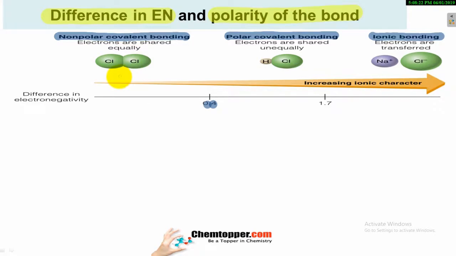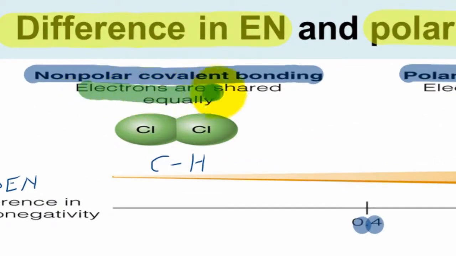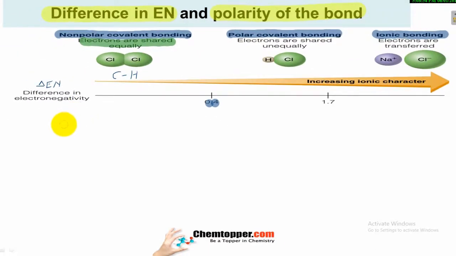Or in the carbon-hydrogen bond, the difference is very small, less than 0.5. So when the difference is less than 0.5 or nearly 0, electrons are equally shared or there is hardly any polarity. The bond is a non-polar covalent bond.